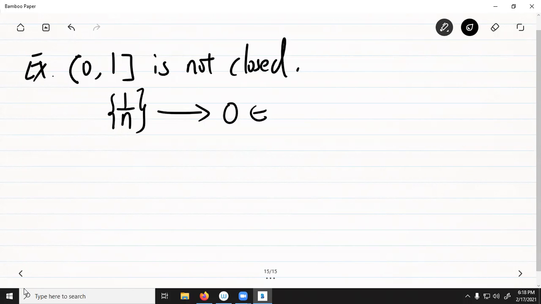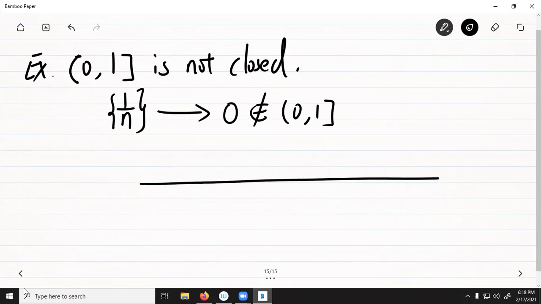But 0 is not in the set. This is the interval (0, 1]. The first member is 1, then 1/2, 1/3, 1/4, 1/5, 1/6, and so on. It will be very close to 0, but this boundary 0 is not inside this interval. So this is not a closed set.